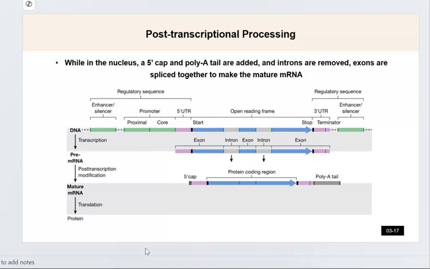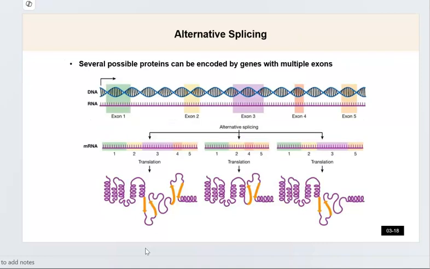The poly A tail adds to the stability of the mRNA molecule, extending the time it takes before the molecule is degraded by the enzymes in the cytoplasm, so it makes it more stable. What I said earlier is that one mechanism to make all of this possible is the alternative splicing of exons during the post-transcription processing.